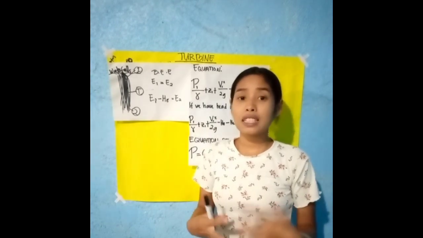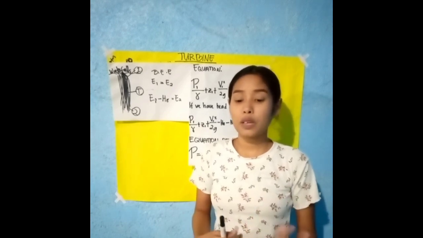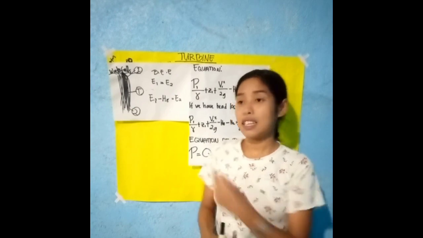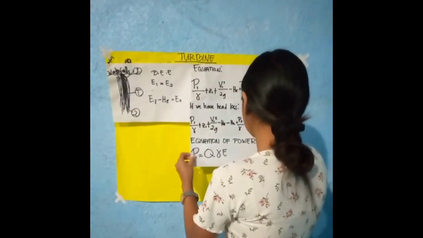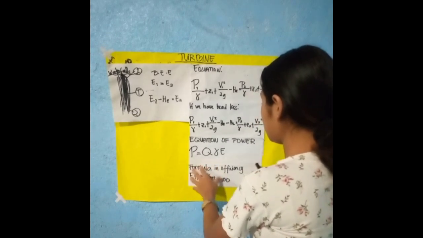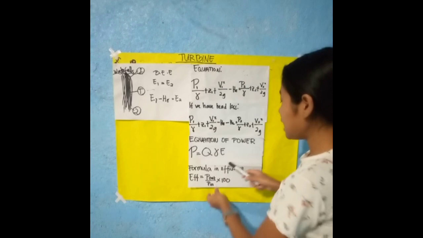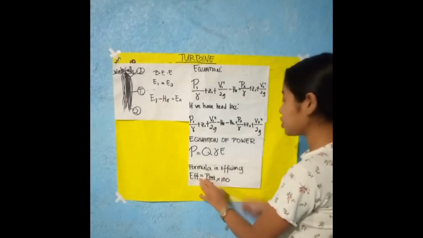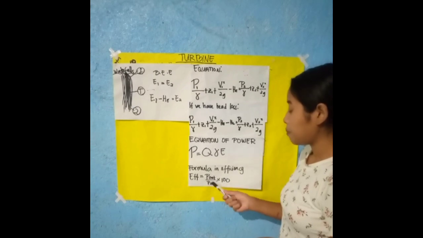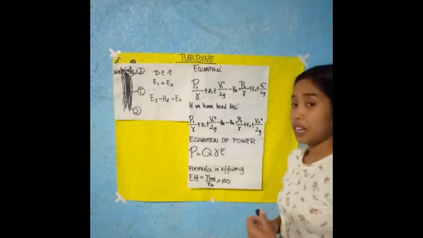So now, let's get the efficiency of our device or our equipment. The formula for efficiency is equal to P out, or the power out, divided by the power in, times 100.